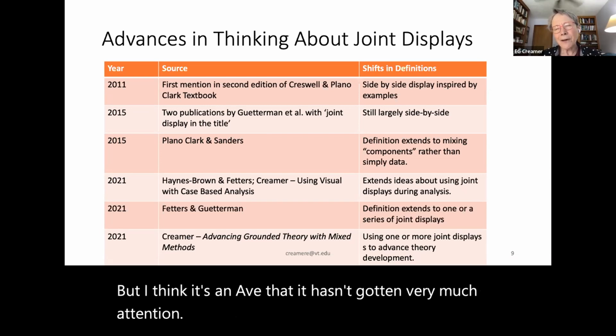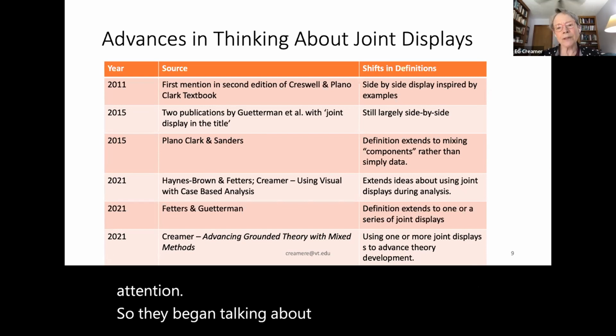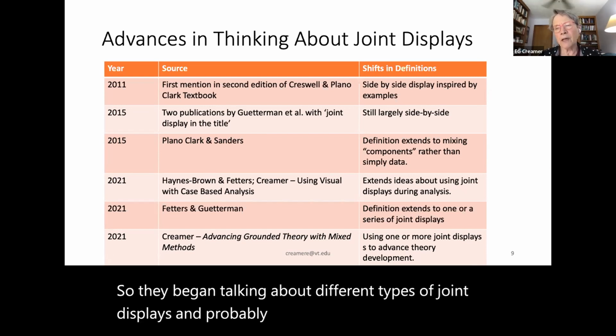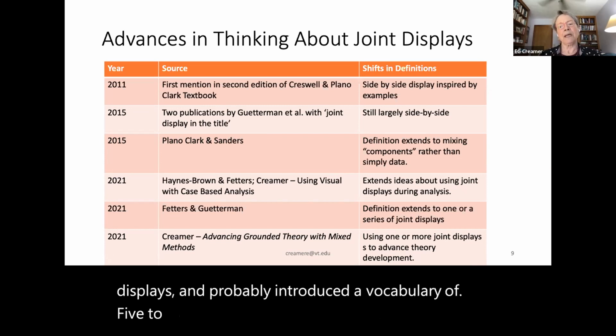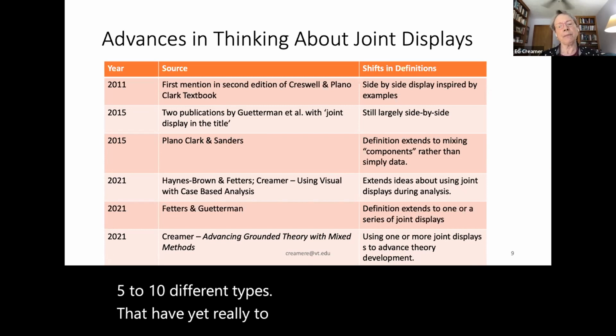They began talking about different types of joint displays and probably introduced a vocabulary of 5 to 10 different types that have yet really to become part of the mainstream discussion.